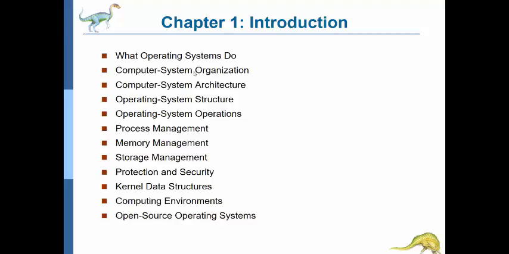See, there are 4 issues: organization, architecture, structure, and operations. 99.99% of operating system users are at this level, operations.